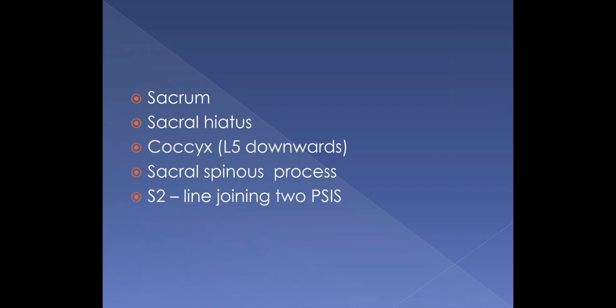The fingers will be resting on the sacrum, and like the lumbar spine, the sacrum has spinous processes, but they are harder to distinguish because there are no interposing soft tissue spaces between them. The S2 spinous process is at the level of the line joining the two PSISs, that is also the level of the posterior dimples. Moving distally, the examiner's fingers may palpate the sacral hiatus.